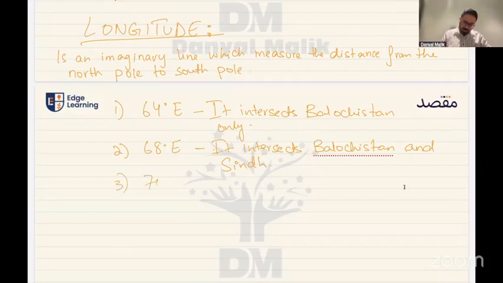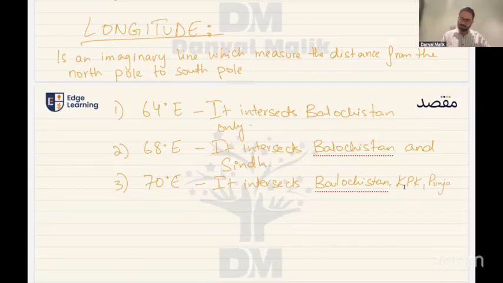Then number three we have is 70 degrees east, and for that you will write down it intersects Balochistan, KPK, Punjab, and Sindh. In short, it intersects all the four provinces.